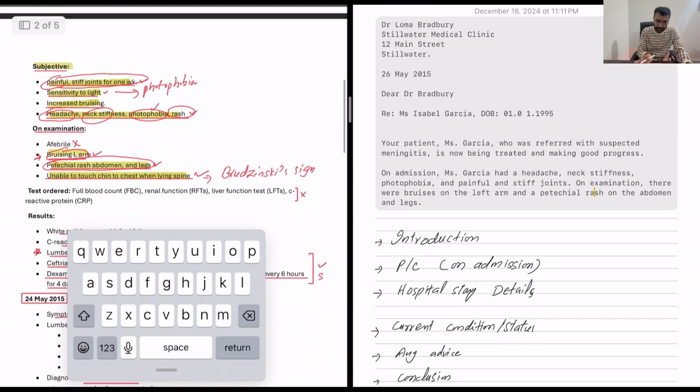Next, unable to touch chin to the chest when lying supine is Brudzinski's sign. We need to write this one as well. So we'll write additionally, Brudzinski's sign was positive.